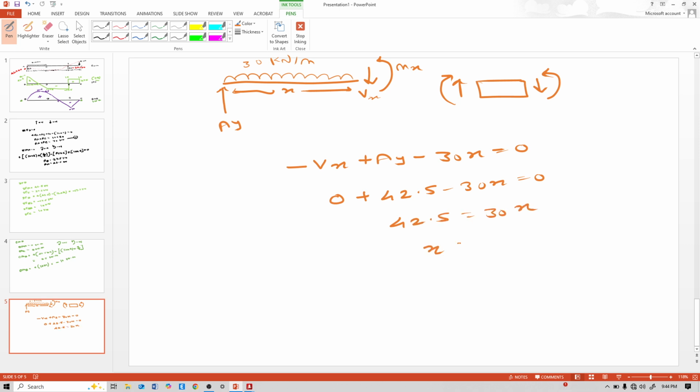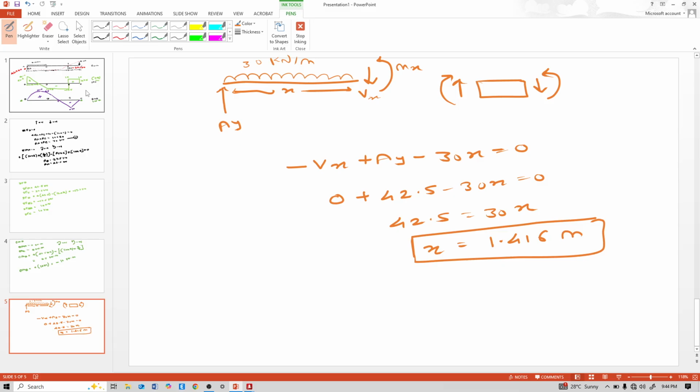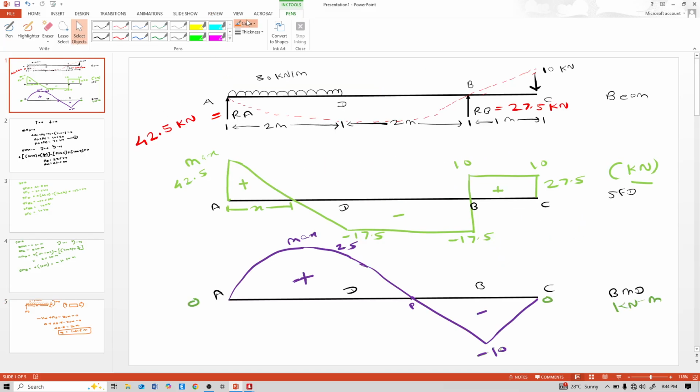So this x is 1.416 meter. We had calculated this distance. X distance is 1.416 meter, and bending moment is also maximum at this x distance, because shear is 0 there.